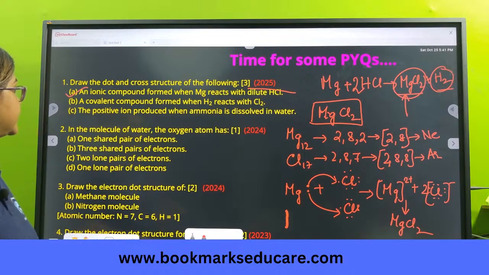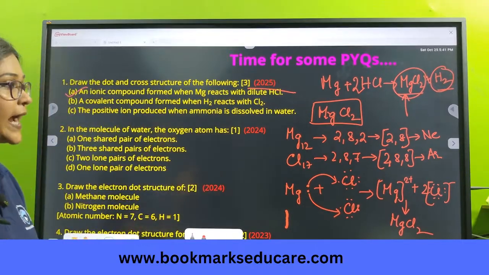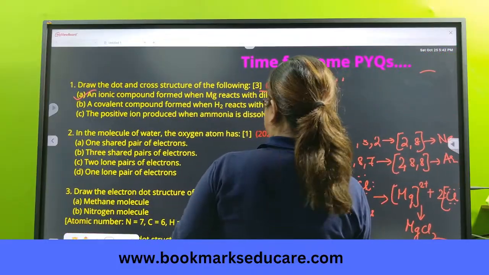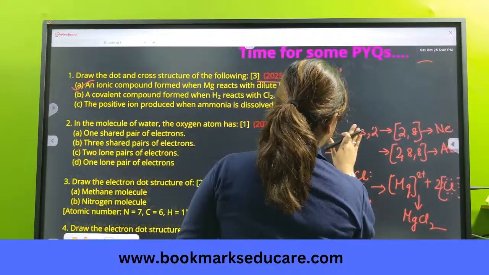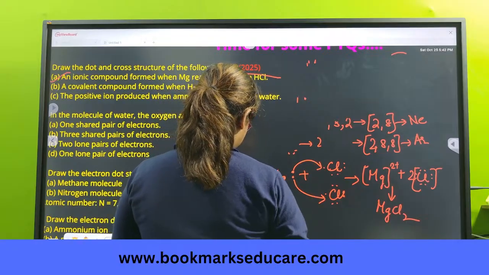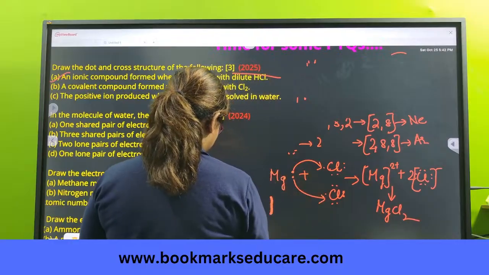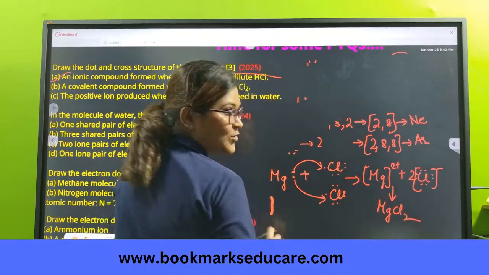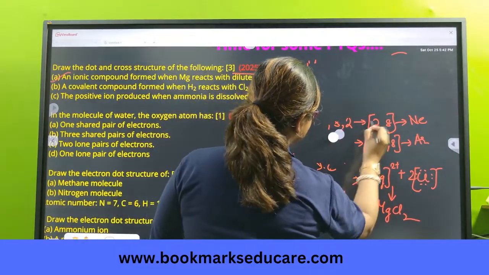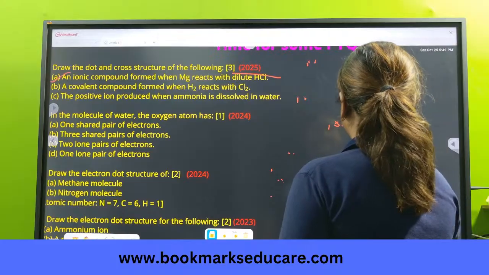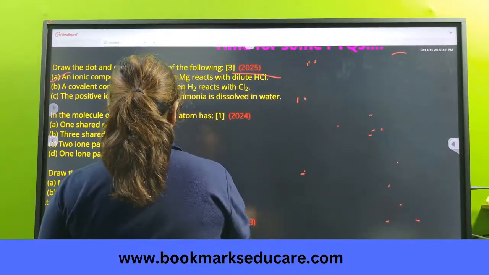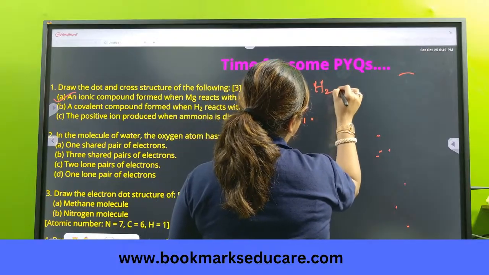Now the second question. The covalent compound formed when hydrogen reacts with chlorine.